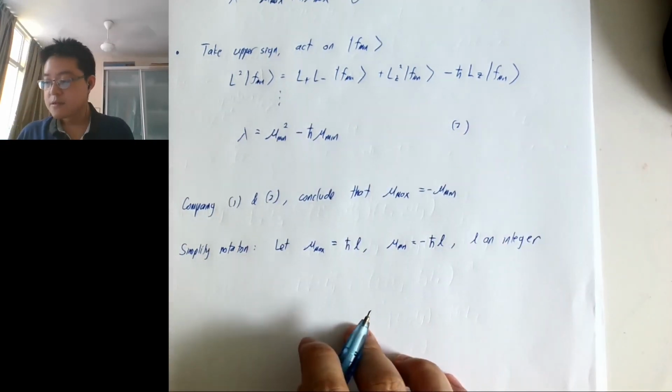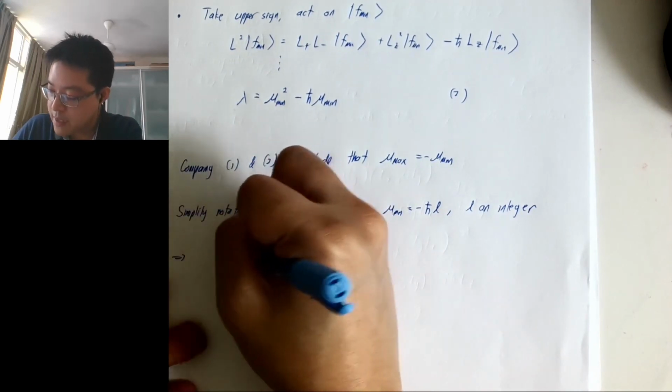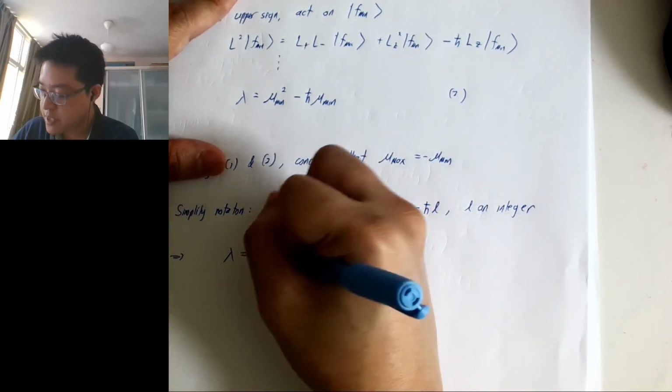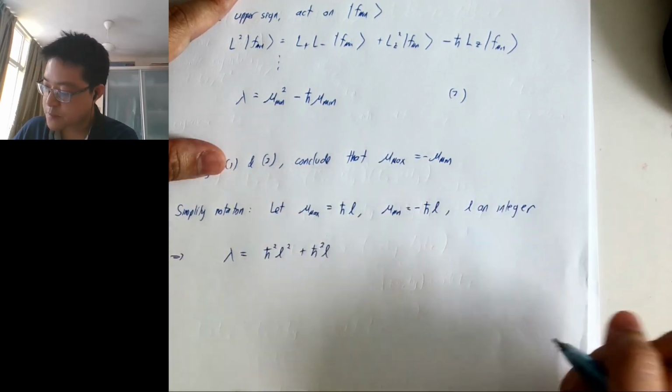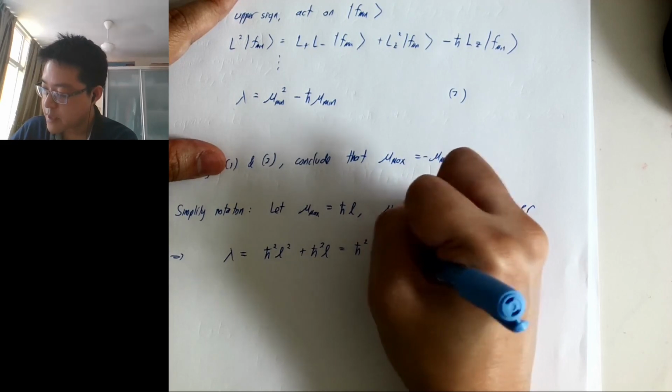Okay, so if I do that now, let's see what happens. We conclude that my lambda is mu max squared, so mu max squared is H bar square L square, and then this is H bar square L, right? So what we have found is H bar square L plus 1.